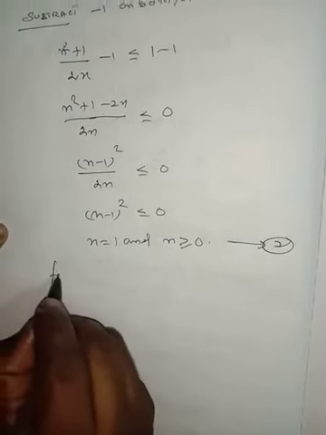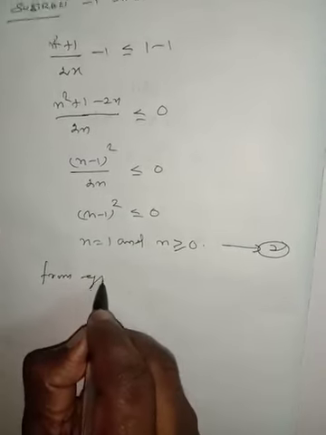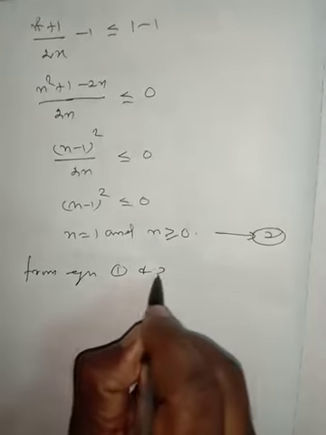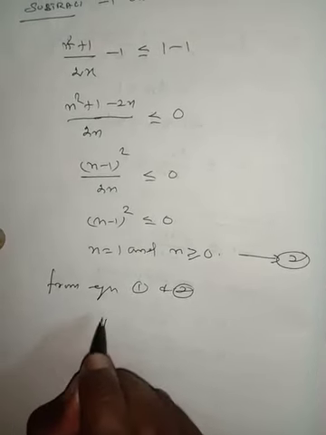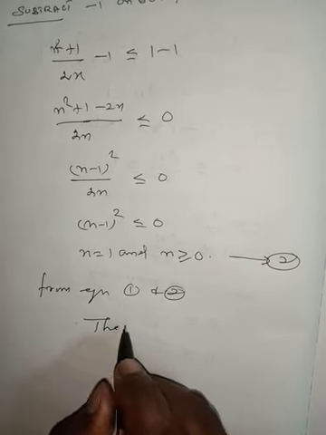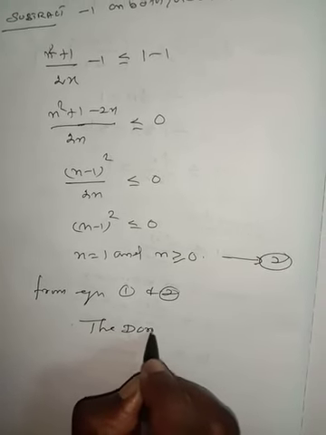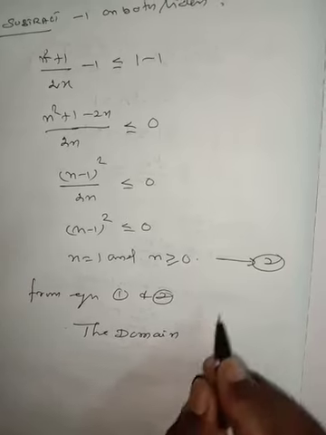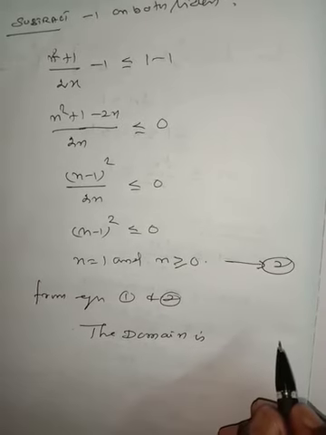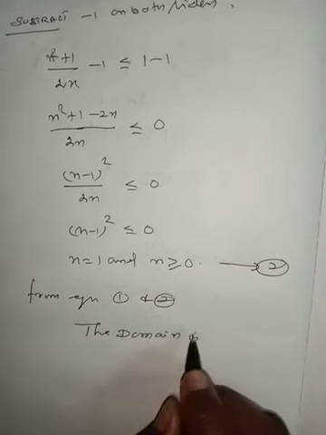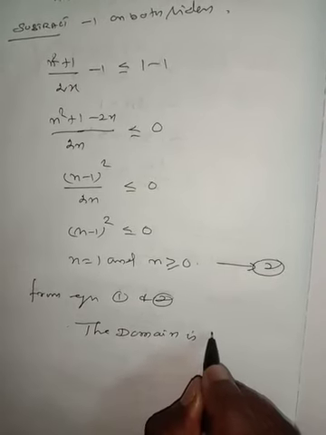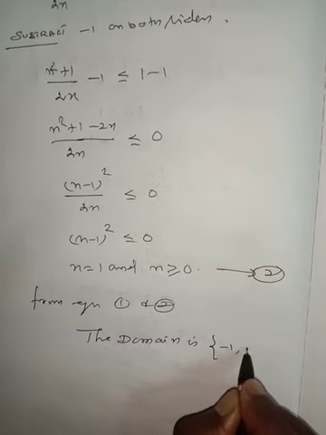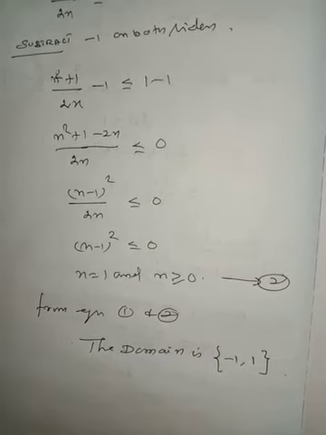From equation number 1 and 2, we have the domain is minus 1 plus 1. Second case positive 1, first case minus 1. Therefore, minus 1 comma 1 is the range.